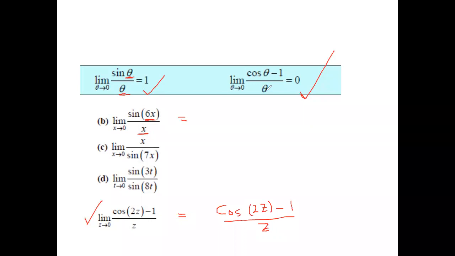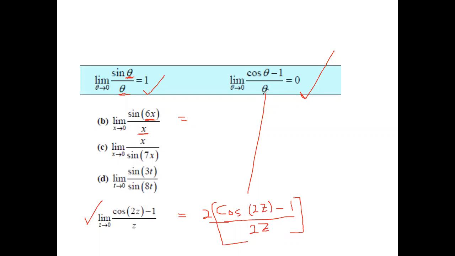If I want it in this form, then I have to make the denominator 2z. The only way to do that is to multiply by 2 and then multiply the top by 2. When these 2s cancel out, it will be 1, which means you have not changed the expression.